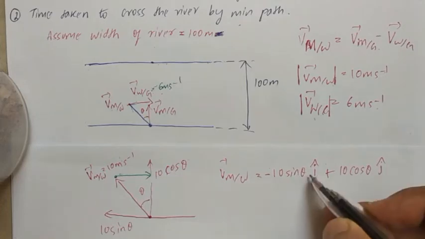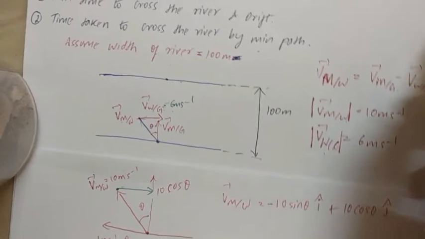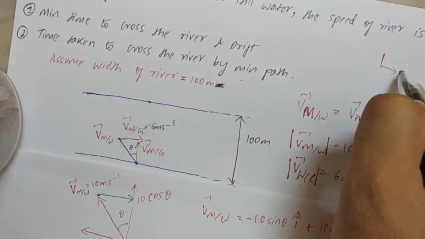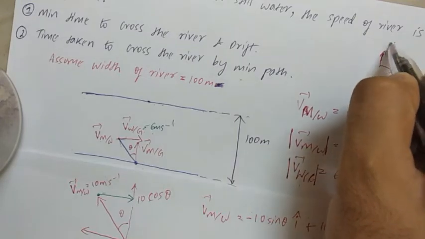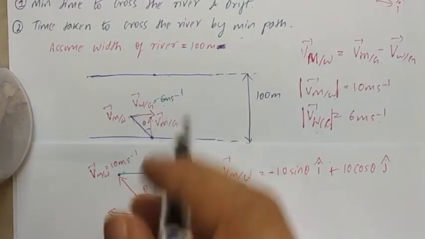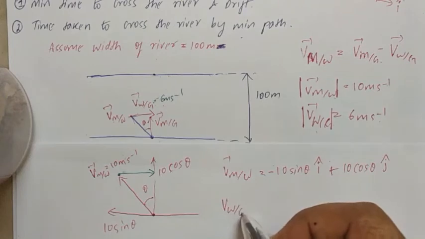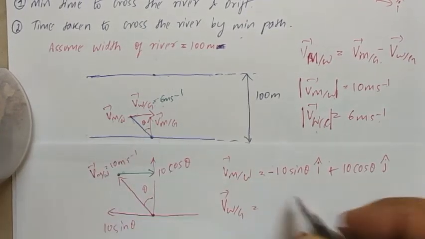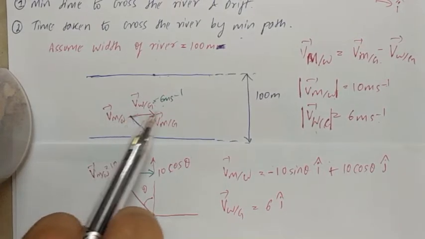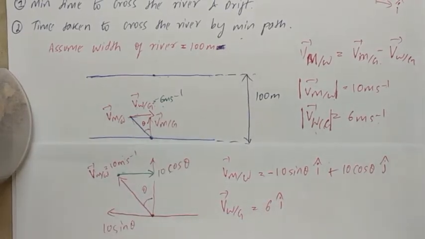These are the unit vector in x direction and the unit vector in y direction. Now to define this completely, the velocity of water with respect to ground, we can write as 6 i cap, because it is moving just in this x direction.